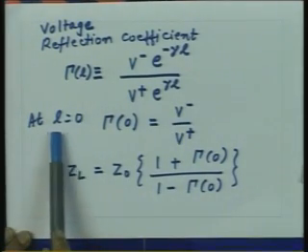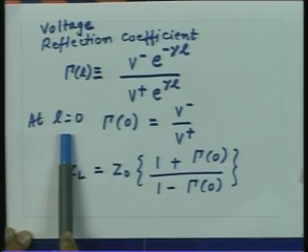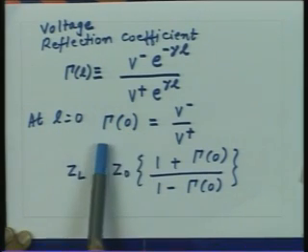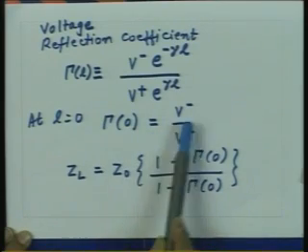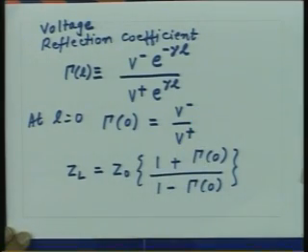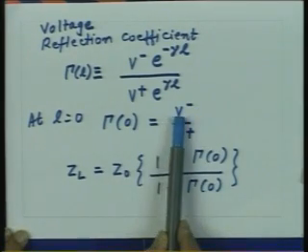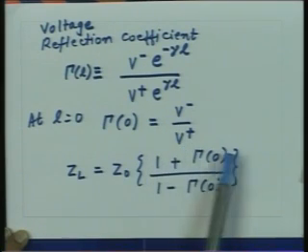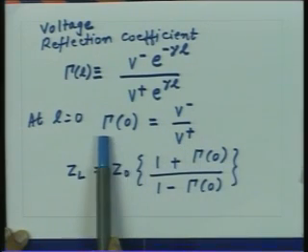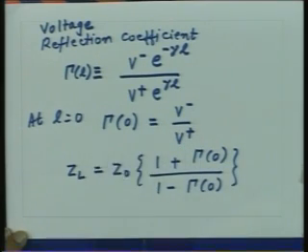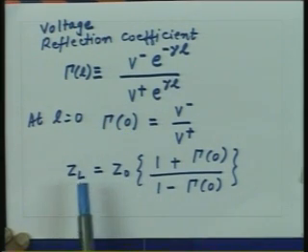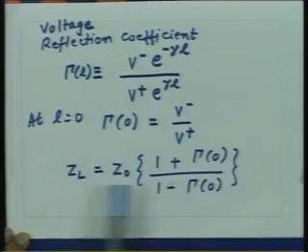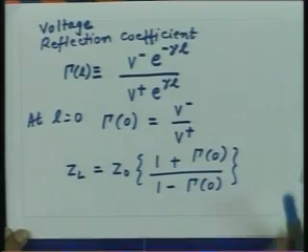Then at L equal to 0, that means at the load end, the reflection coefficient gamma at L equal to 0 is equal to V minus upon V plus. So, the ratio of the reflected and the incident voltage at the load end is denoted by gamma at L equal to 0. Substituting this, we got the relationship between the load impedance and the reflection coefficient at the load end.